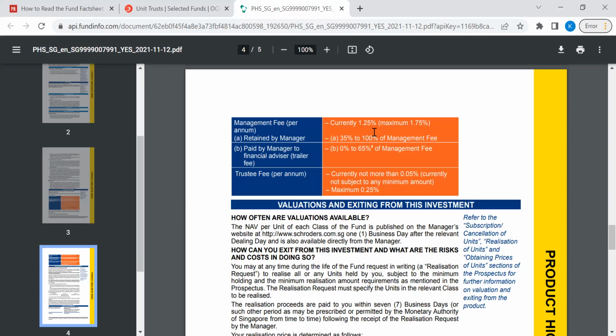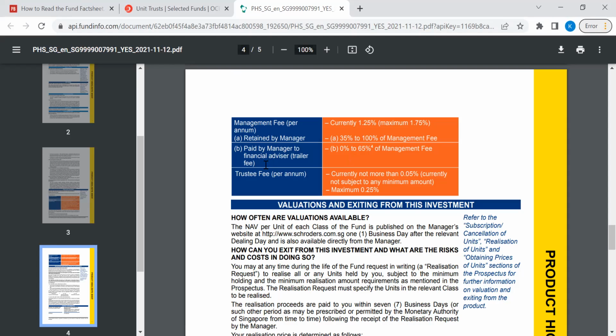Out of this 1.25%, a minimum of 35% to a maximum of 100% of the management fee is retained by the manager, which means Schroders takes a range of 35 to 100%, somewhere in between that. The rest is paid by the manager to the financial advisor.